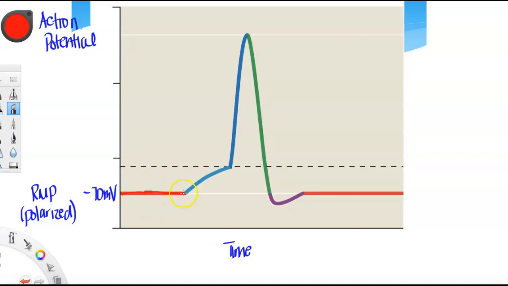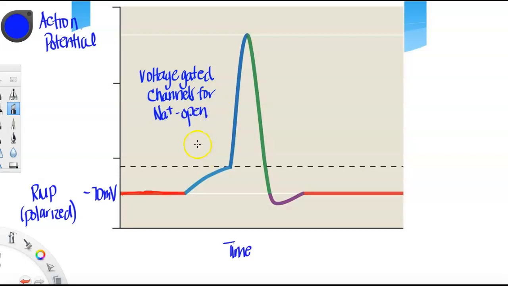So in an action potential, gated channels, and they are voltage gated channels, for sodium are opened. So if we have voltage gated channels for sodium, they open.